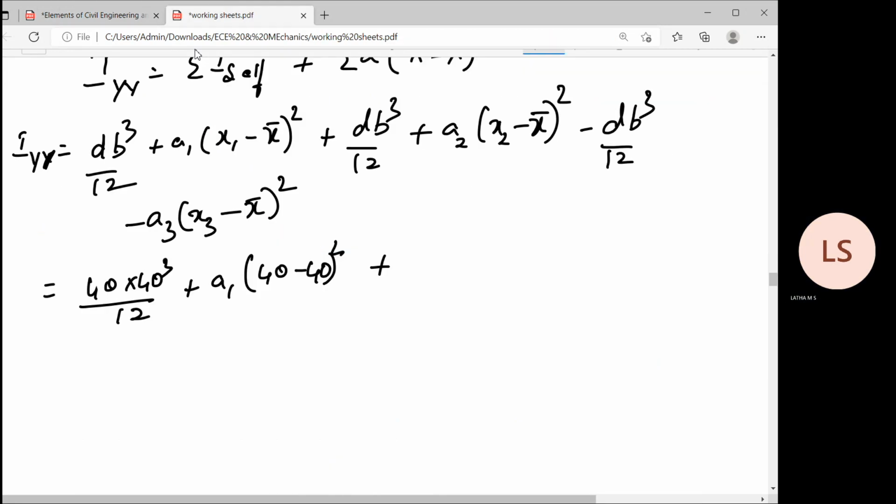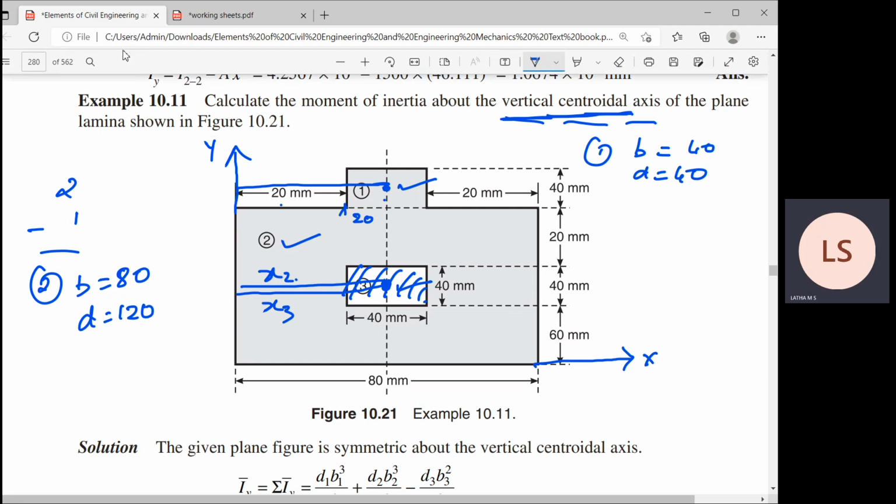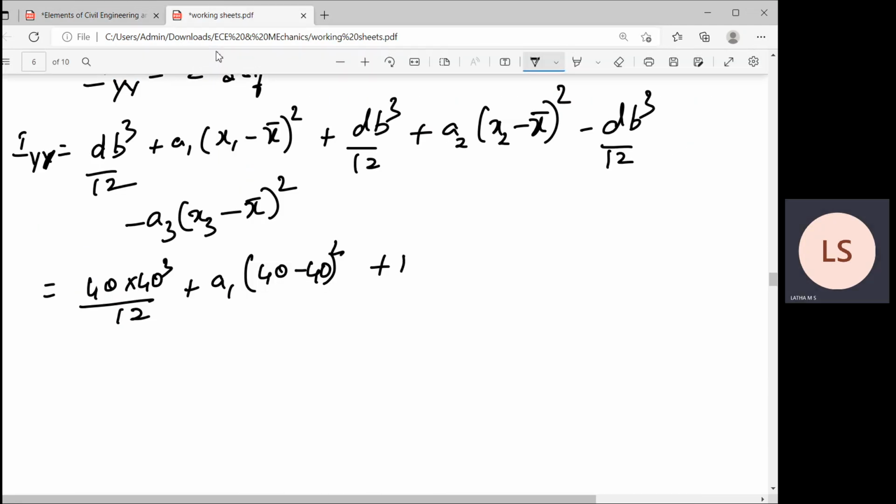So dB cube by 12, with D 120 and B 80 cube, by 12, plus A2 into x2, x bar both 40, square.